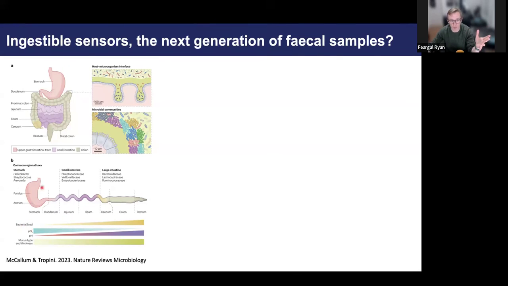You have a lot more oxygen up here in your stomach and a lot less oxygen down here in your large intestine. Even the cells are different and the types of molecules are different between them, right? So what this means is that when we measure a fecal sample, we're probably mostly getting just what's at the end here. We really can't measure what's happening up here. And this is also a barrier for studying the microbiome.